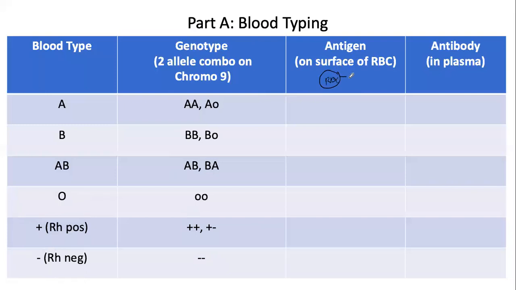Remember, we talked about glycolipids or glycoproteins, and those are antigens, markers on the surface of the cell to identify our cells as us. These guys code for antigens on the surface of the red blood cell. Why do we care about these guys? Because these guys are going to cause an immune response when we talk about donor and recipients. Donor donating blood, recipient getting the blood. So antigen.